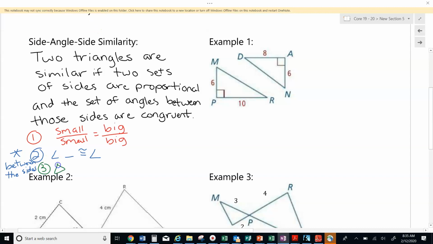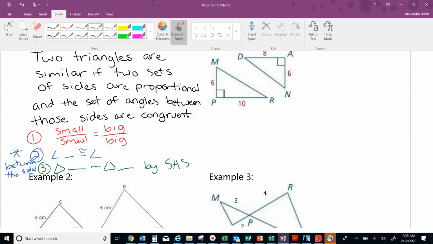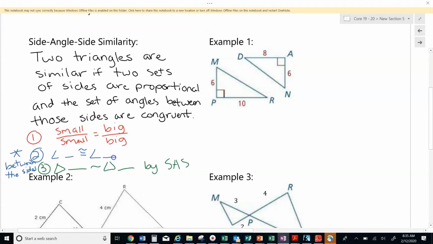And then our third step will be: triangle blank is similar to triangle blank, by side, angle, side. Again, we'll have a reason here, right? This angle is congruent to whatever angle because of whatever. We'll still have reasons there.